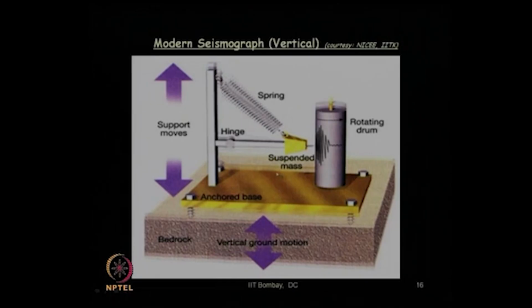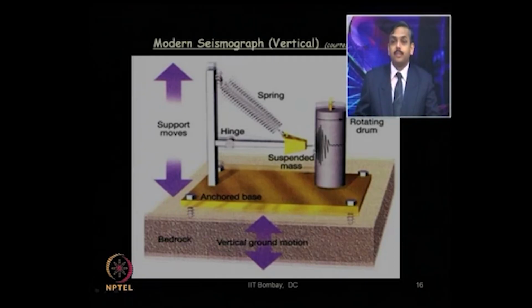Those we call noises, as we know. Otherwise, when there is an earthquake, a distinctive measurement of this excitation will occur, as we can see over here. This recording is done on this piece of paper, which is surrounded by this rotating drum.